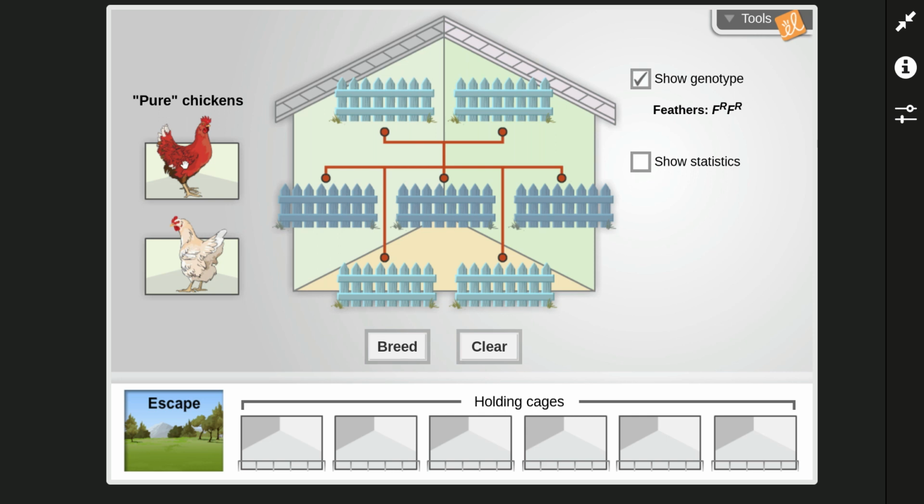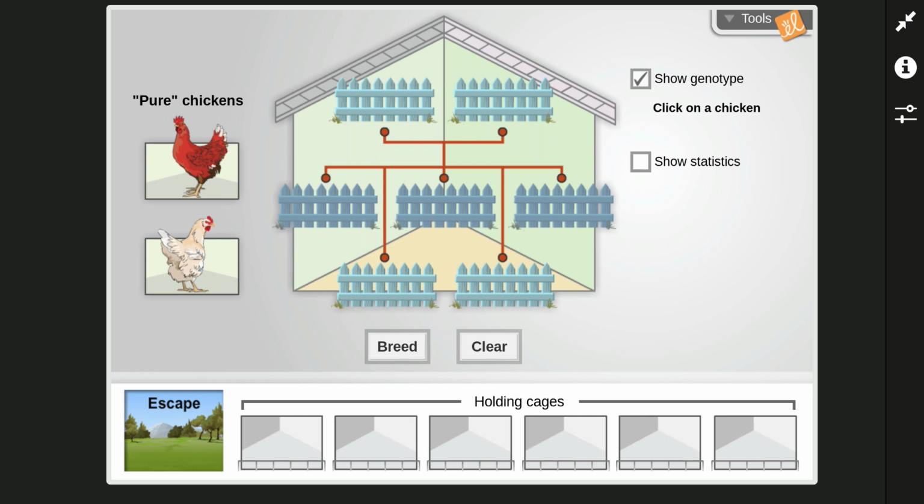For the red chickens, we have feather color dominant red. So that's a capital F with a little superscript R, F^R F^R. And for the white feathers, we have a similar thing: the capital F and a dominant W for both of them, F^W F^W.